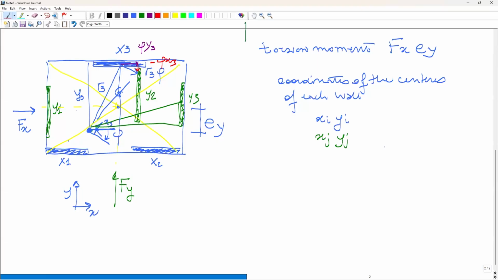So in walls in the x direction, which is the force which appears? The force which appears is kxxa times phi times ya. And in walls in the y direction, you will have forces kyy times phi times xj.